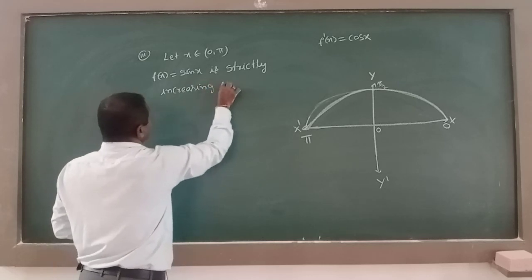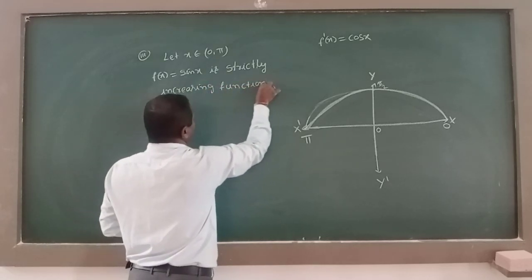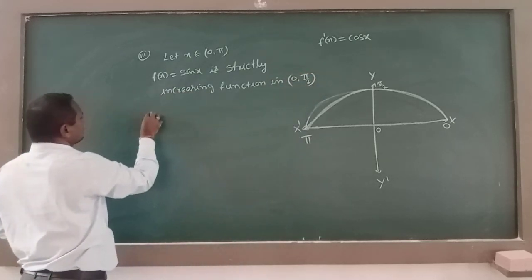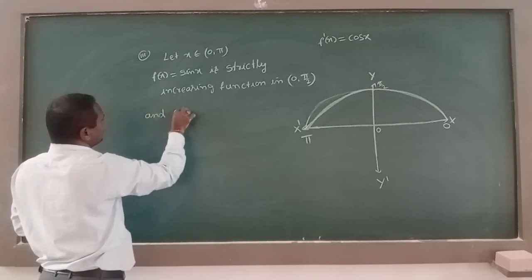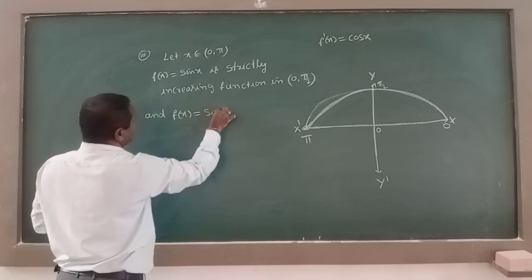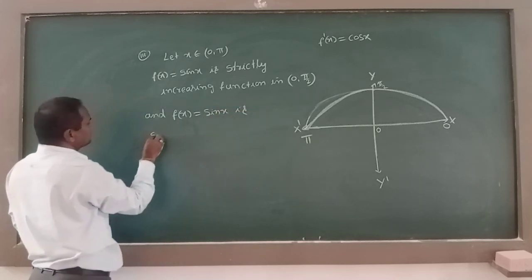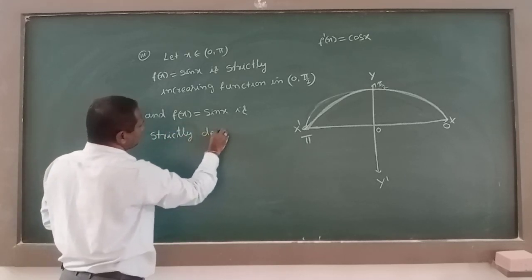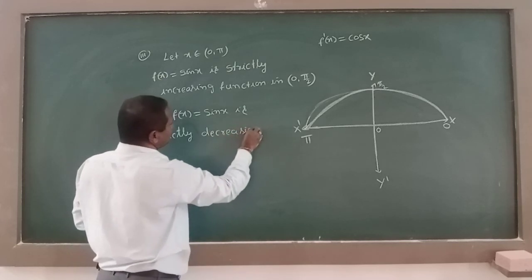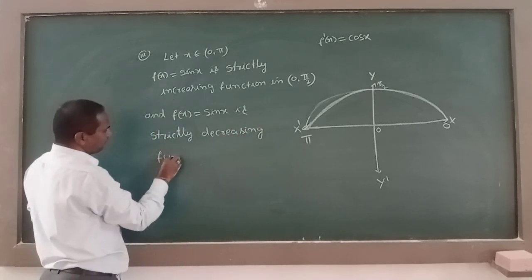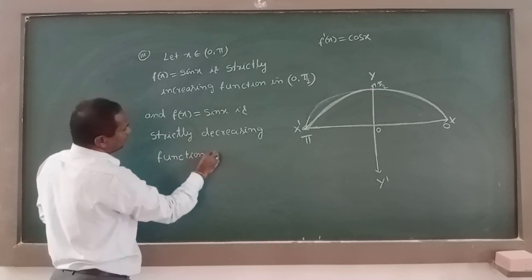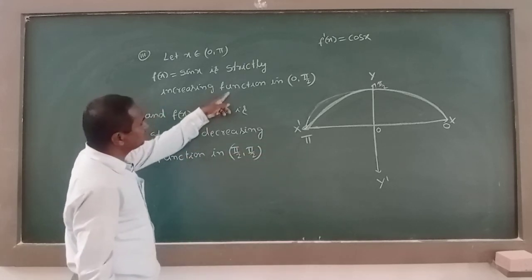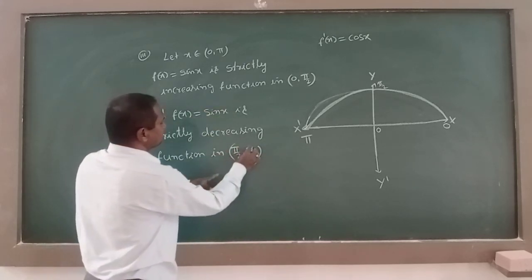Strictly increasing function in the interval 0 comma pi by 2, and f of x is equal to sin x is strictly decreasing function in the interval pi by 2 comma pi. Half is increasing and half is decreasing here.